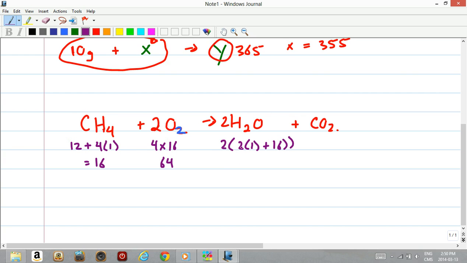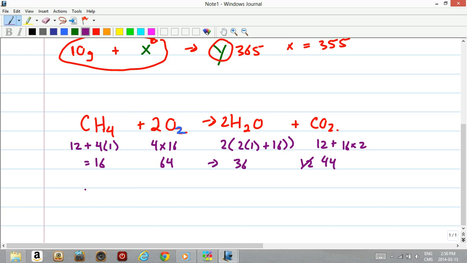So that would be 2 plus 16 is 18, times 2 is 36. And carbon dioxide is 1 carbon plus 2 times 16, so that would be 44. And if you look at the mass, there's a relative mass of 80 on the left, and a relative mass of 80 on the right.